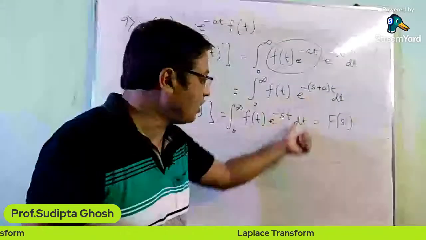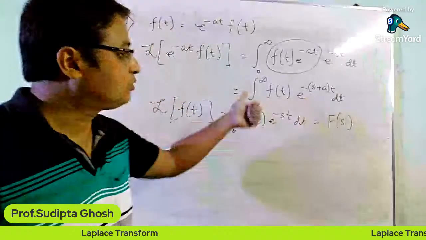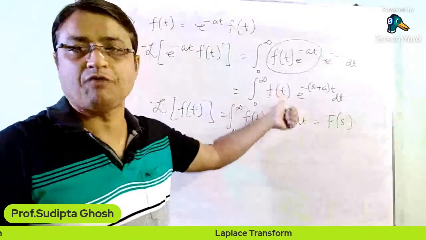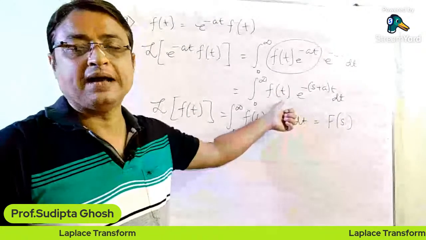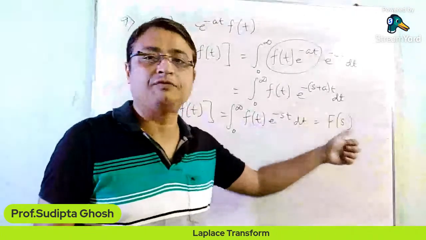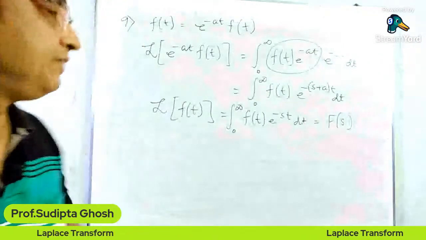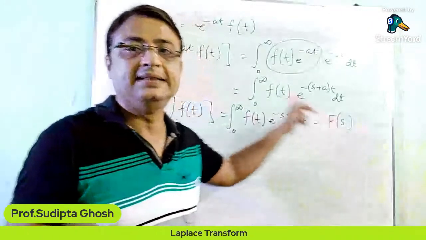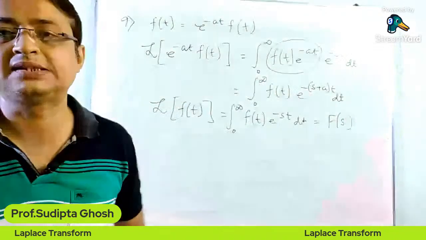If this form can be written as F of s, what can we write from this particular form? Any idea? What will be the value? If this particular form can be written as capital F of s, then this equation can be written as just a simple answer.